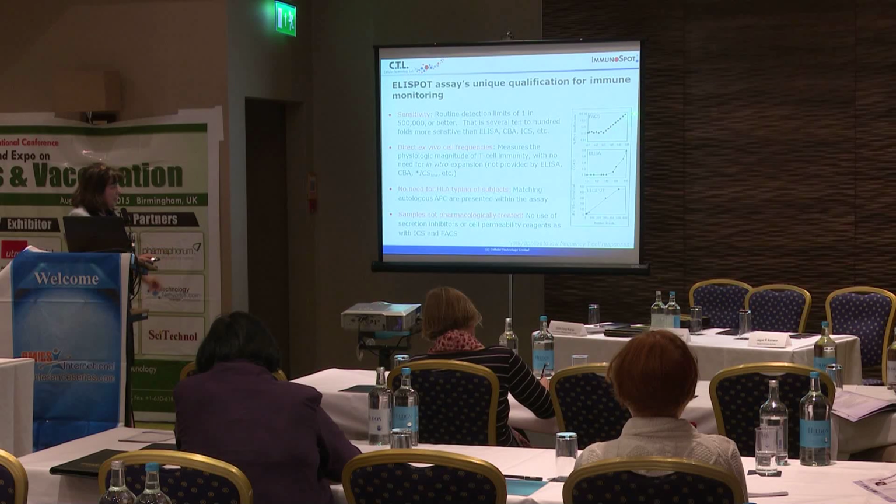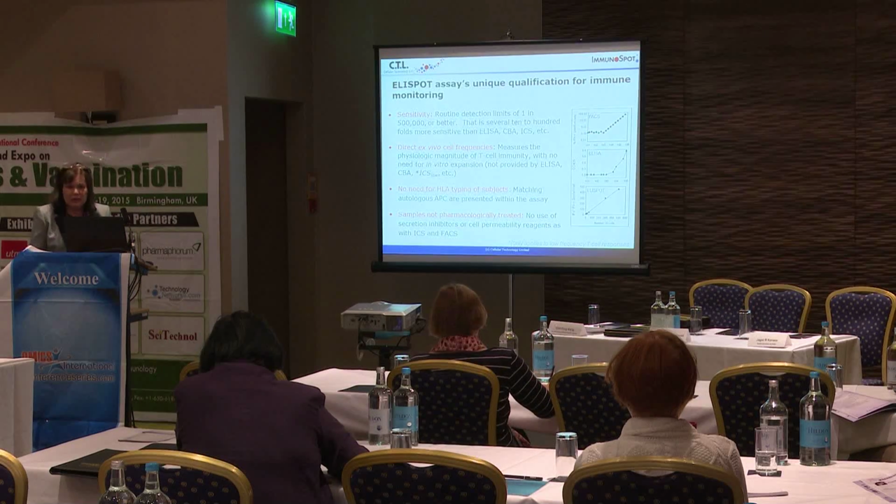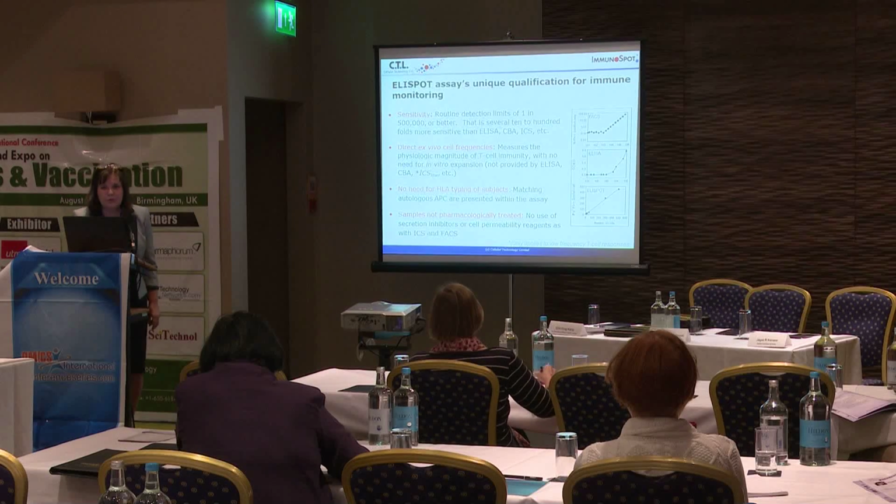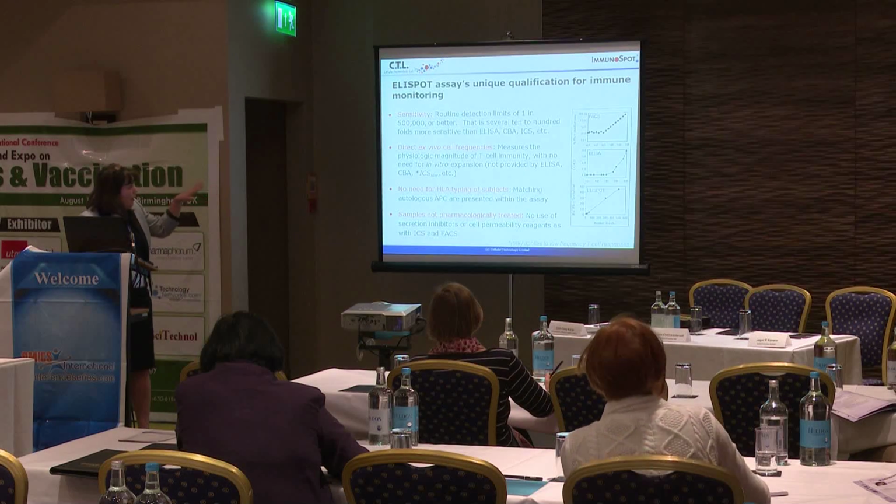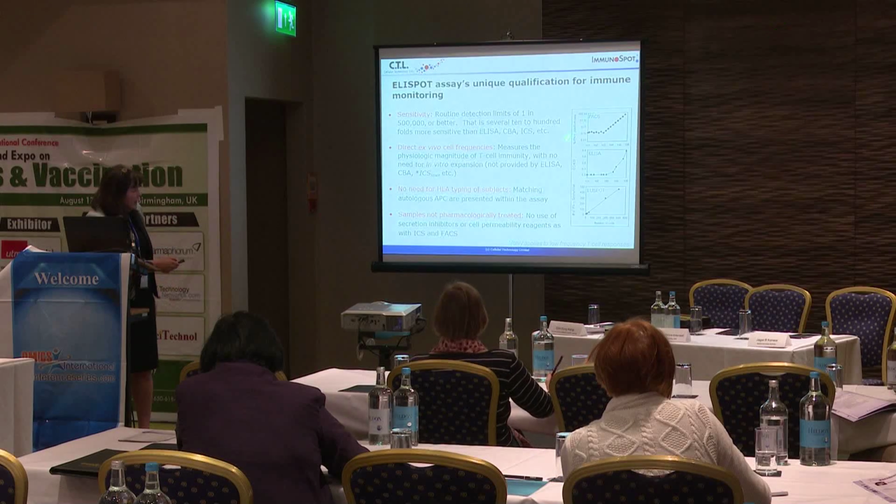As you titrate in the cells, you get a linear correlation by flow cytometry to about 1,000 cells in a million. So you need 1,000 interferon gamma producing cells until you come to this background noise.